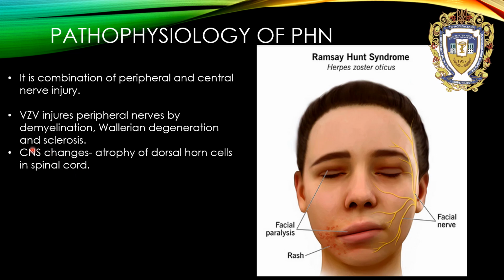And this virus can cause central nervous system changes, atrophy of dorsal horn cells in the spinal cord, and can cause Ramsay-Hunt syndrome. It shows as rash and facial paralysis.